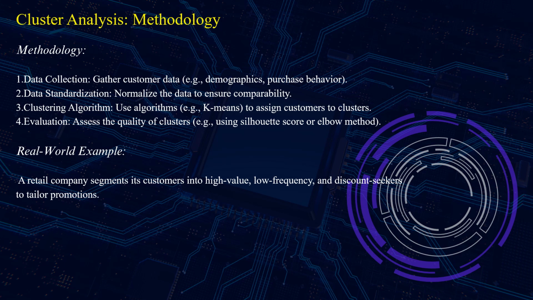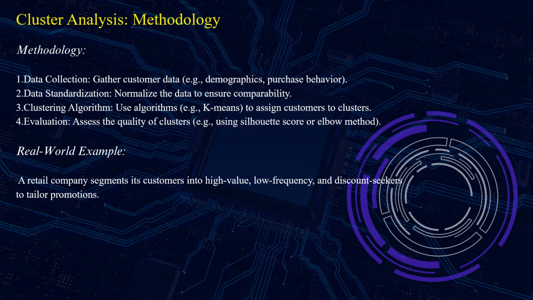A real world example would be a retail company segmenting customers into high value shoppers, frequent buyers, and discount seekers. Each of these groups can be targeted with personalized offers, driving better engagement and loyalty.